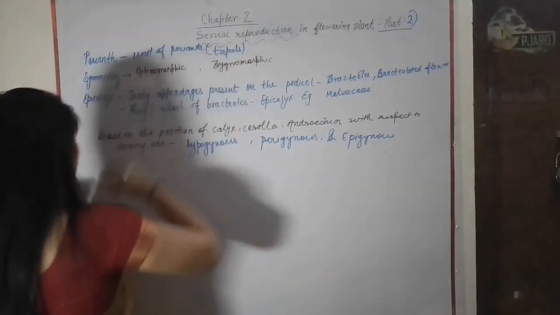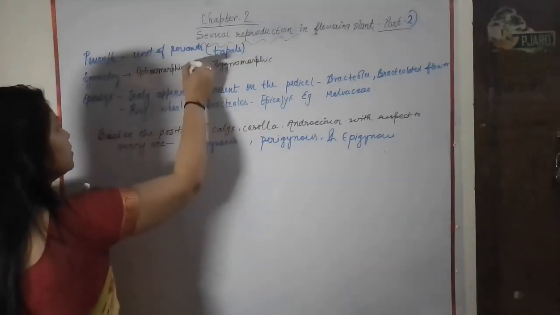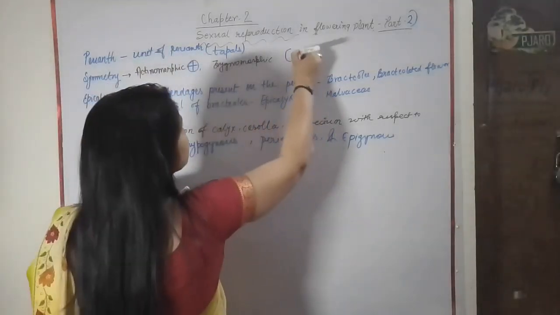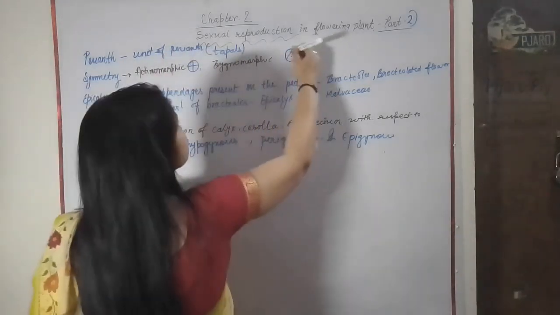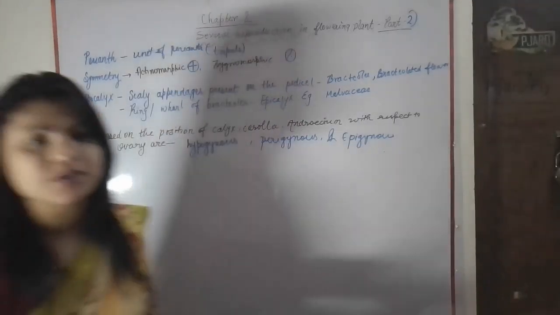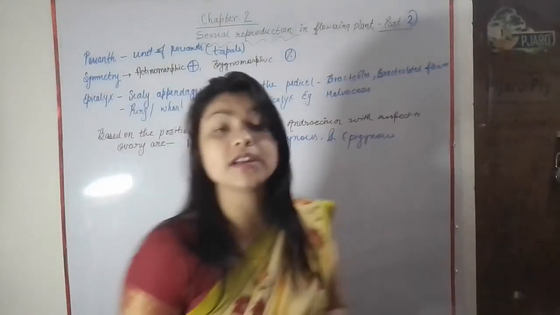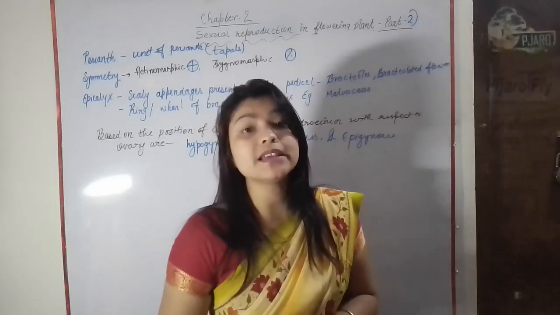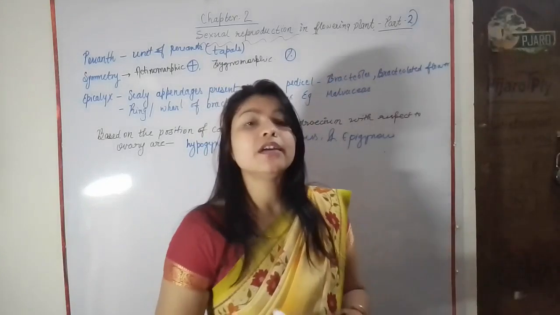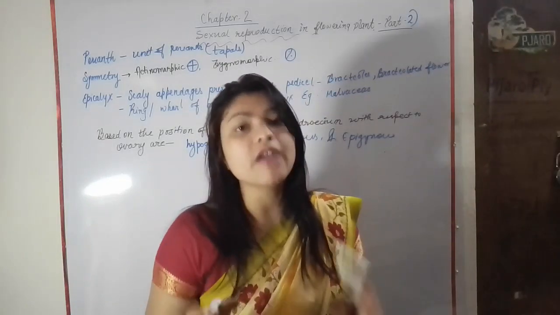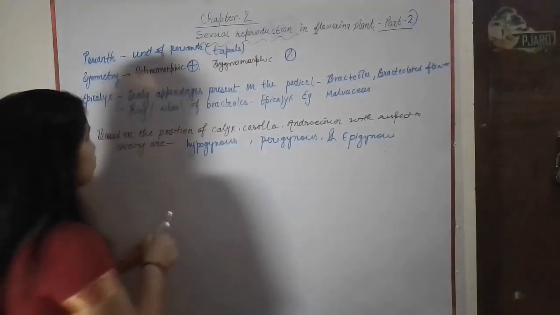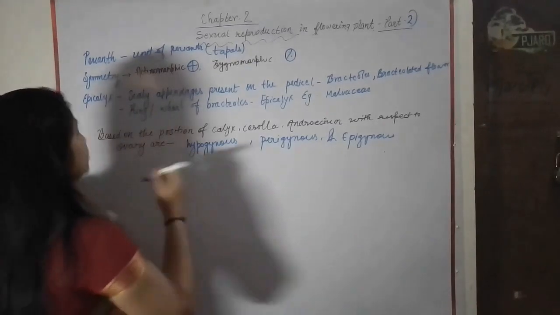In case of the actinomorphic, you have to learn their symbol, and the symbol is like this. This is the symbol used for the zygomorphic condition, and this symbol is used for the actinomorphic condition. Whenever a flower is divided into two equal halves by passing through the center, we get equal halves everywhere.